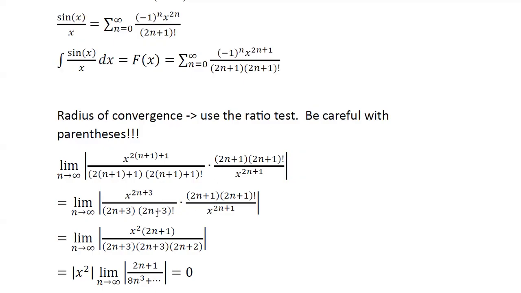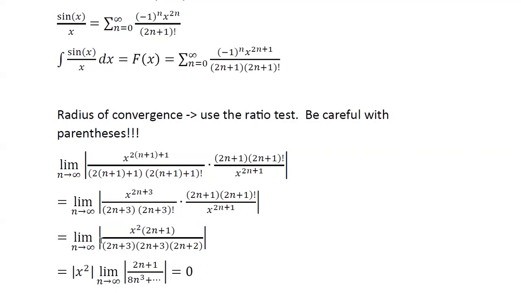But 2n plus 3 factorial, what is it? Let me start over. 2n plus 3 factorial is 2n plus 3 times 2n plus 2 times 2n plus 1 factorial. Okay, so that's why this 2n plus 1 factorial and that 2n plus 1 factorial cancel. And we're left with 2n plus 3 and 2n plus 2 still, okay?